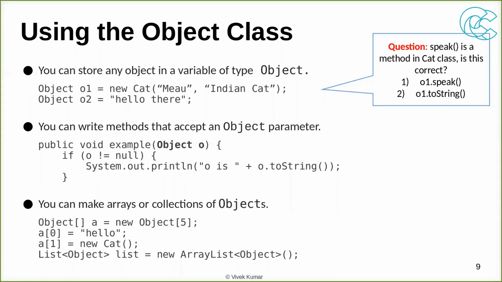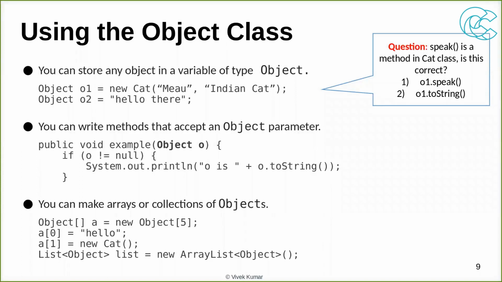So that's why you can say hello, which is a string, and string inherits from object, and you can say new cat, again cat inherits from object, but you cannot say a of 0 equals 10. That doesn't work. And you can also create a list of objects, and each slot in this array list can be of type object, which means it can take an instance of any class.